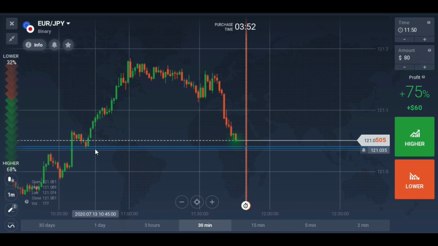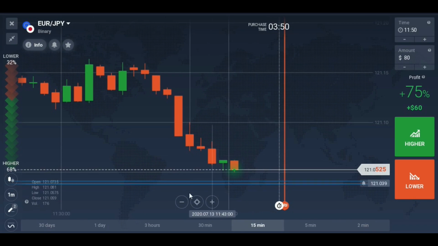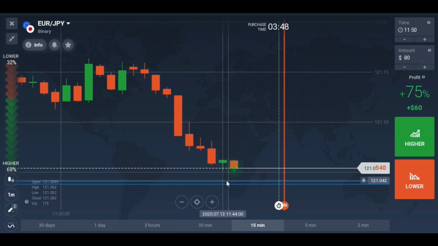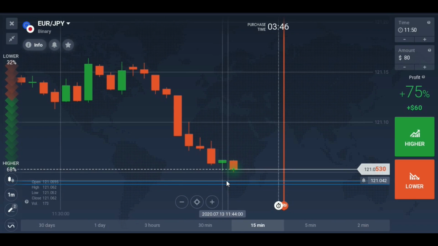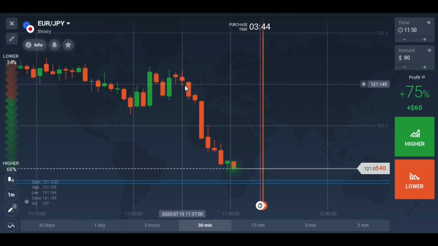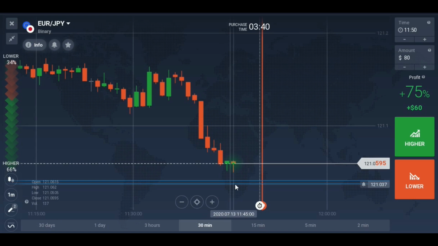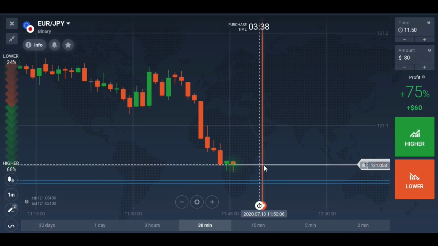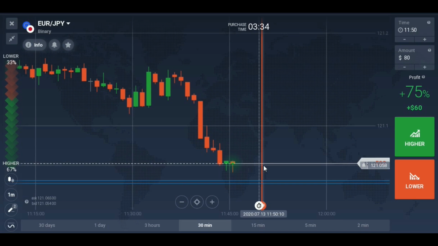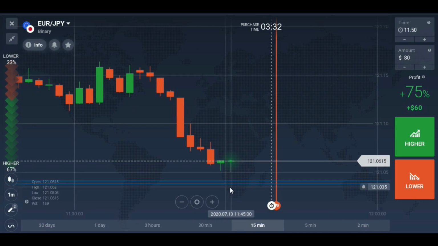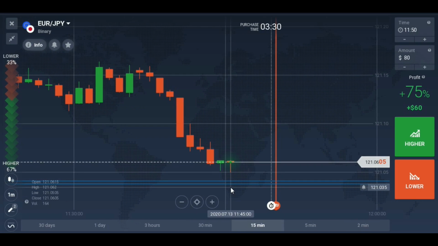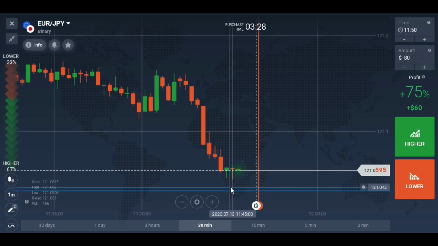This is a good support level. So we have a support level. What we need is a good candlestick pattern, because the price action has been performing, and you can see the market is moving for a very long time in the downward direction. So once in a while it has to reverse for some time. So this is the point where we can expect it to reverse with a good candlestick pattern.